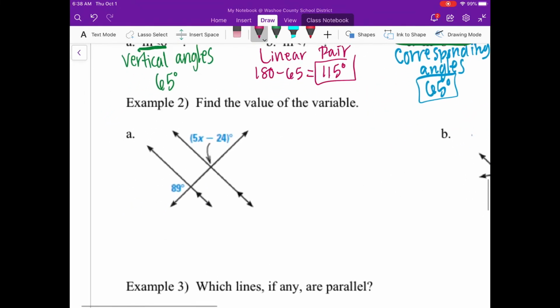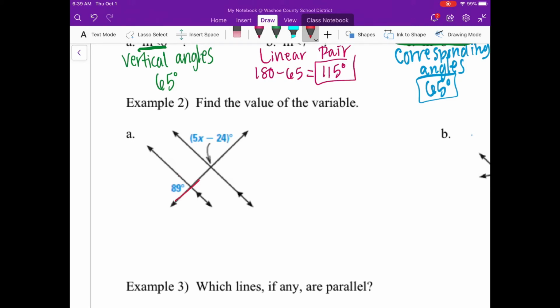So now we're going to apply these to do some algebra. And for some of these, you may have to do what I just did with the last one, which is use several theorems before you can actually set up an equation. And so what I like to do just for practice is you can actually fill in a lot of this information, and you may not need it, but it's just good practice here.